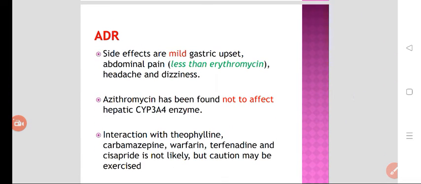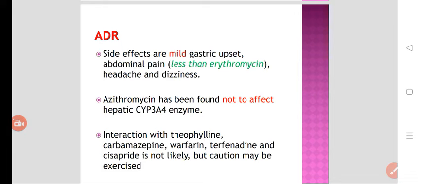Adverse effects are mild gastric upset and abdominal pain, but these are very mild and less than with erythromycin. Headache and dizziness can be seen. Azithromycin does not affect the hepatic CYP3A4 enzymes, so it is free from drug interactions.